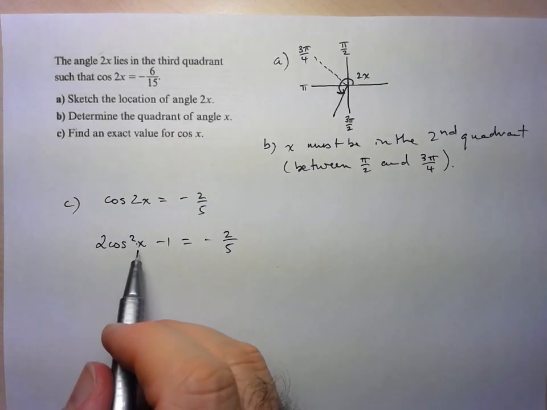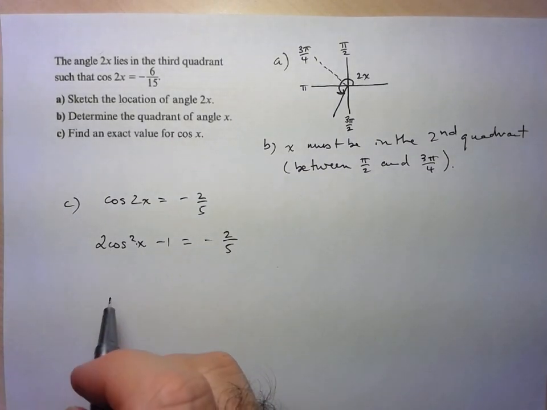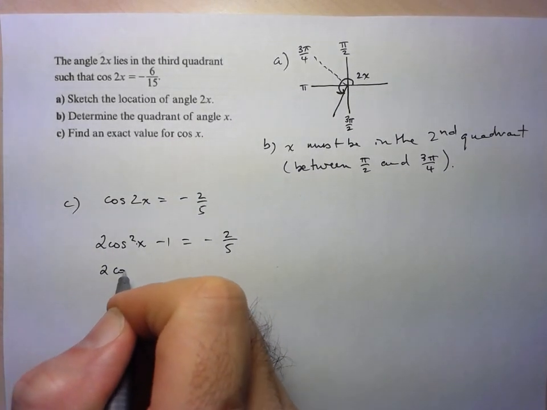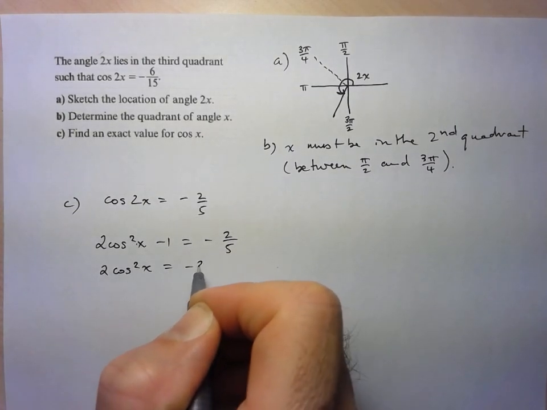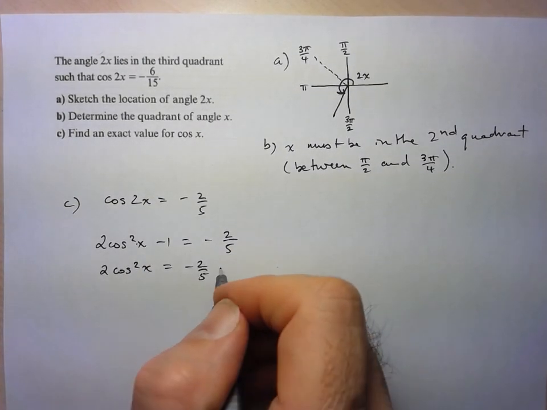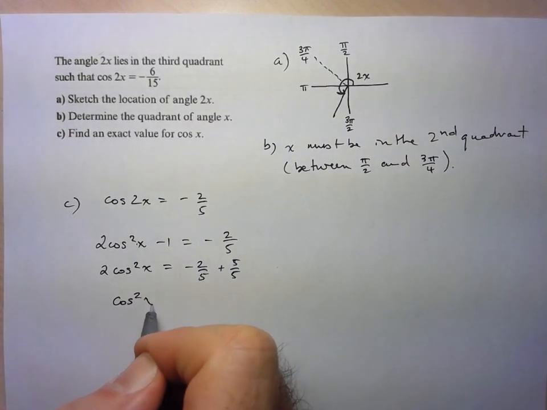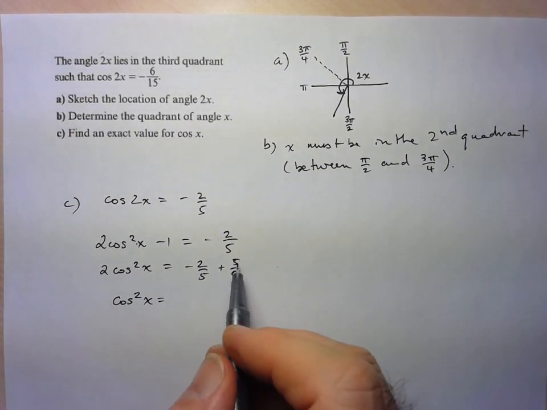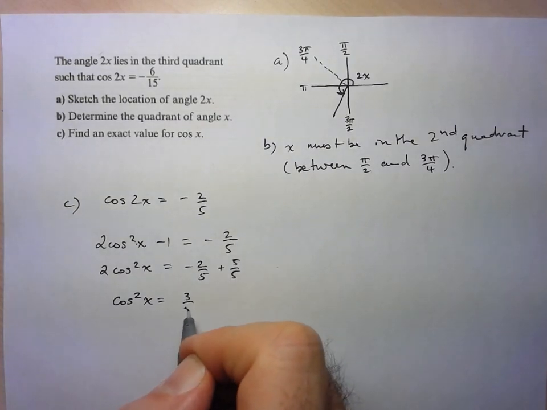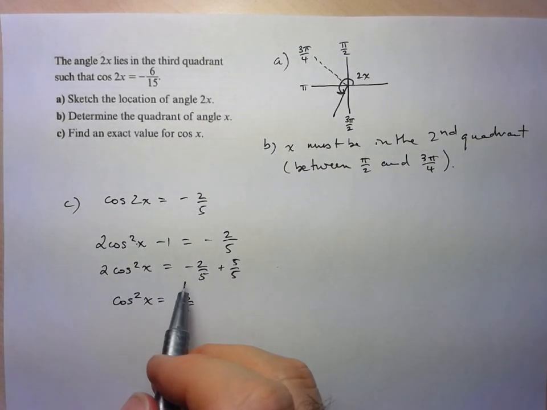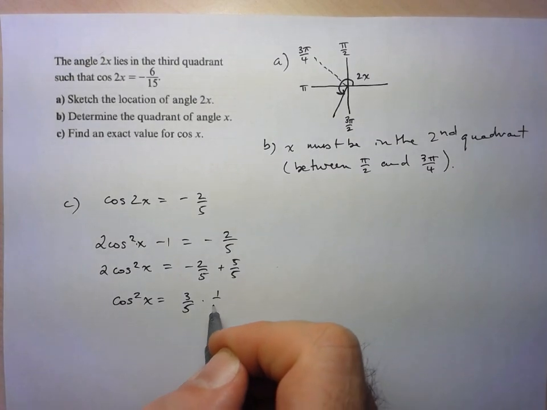And now look what I can do. I can just solve for cos x. Okay, so 2 cos squared x is equal to negative 2 over 5 plus 1. So plus 5 over 5. So cos squared x is equal to, well, negative 2 plus 5, so 3 over 5 divided by 2, when I bring the 2 to the other side, or multiplied by a half.